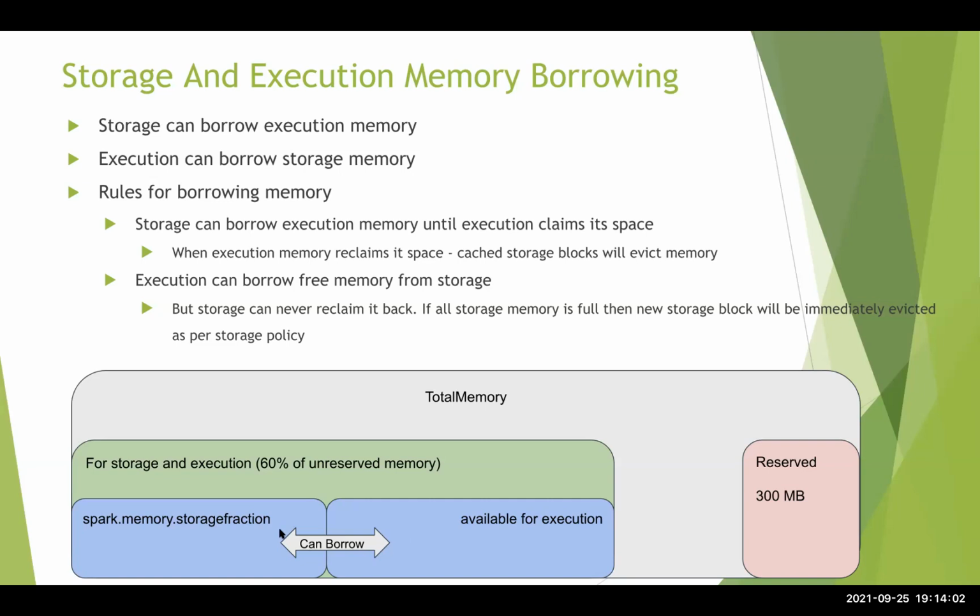So the rule of thumb is that execution takes priority. If storage borrows execution memory and execution needs it, execution will tell storage to release it and storage will get evicted. If execution has taken storage memory, then storage cannot take it back. So the rule of thumb is execution memory takes the priority.